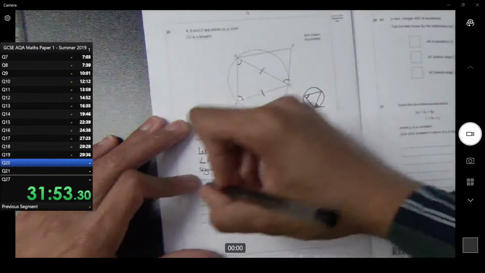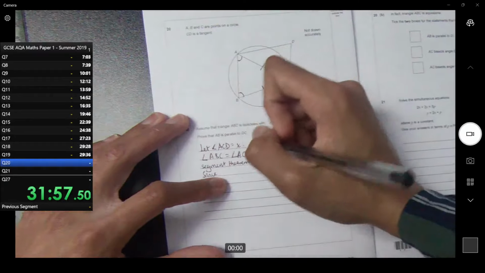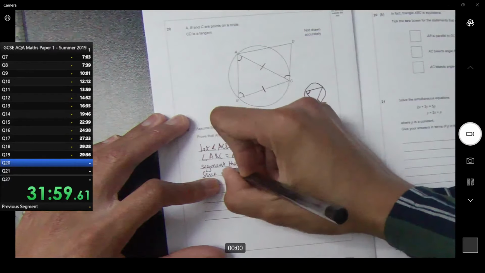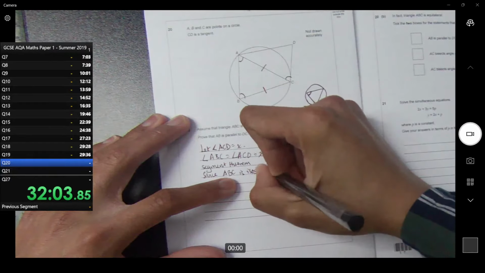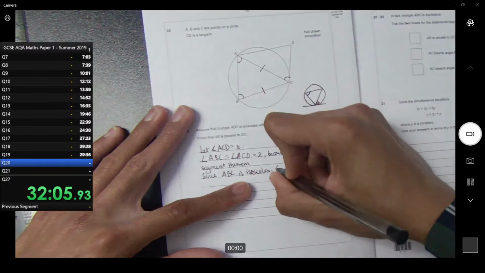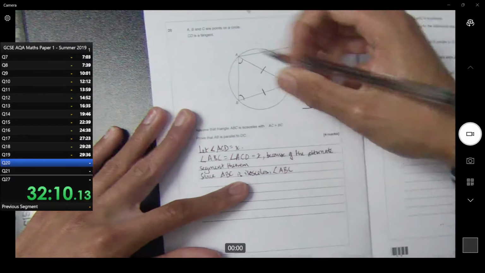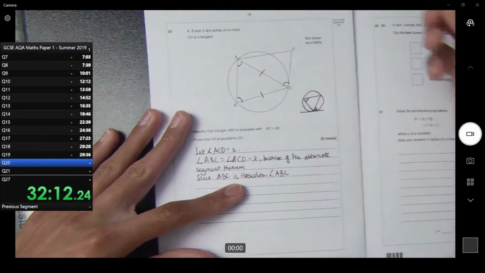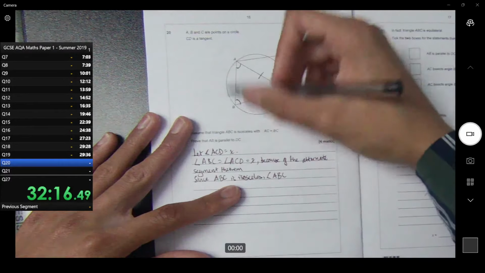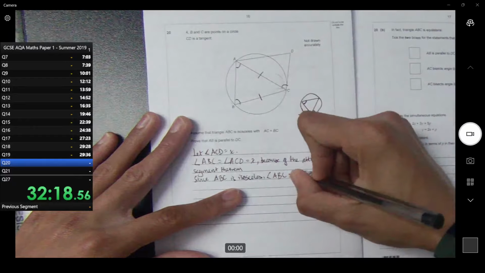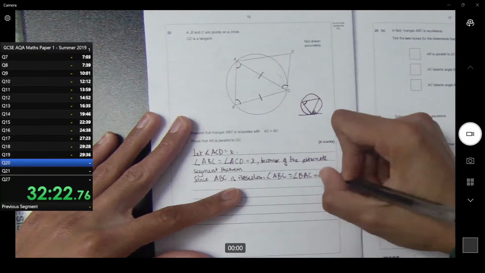Now, since ABC is a triangle, that means angle ABC, so this one here, is equal to BAC, so from B to A to C, that's also equal to x.